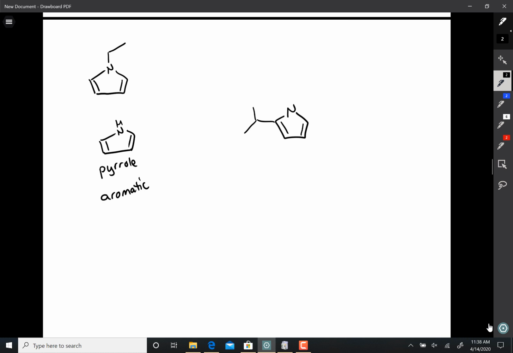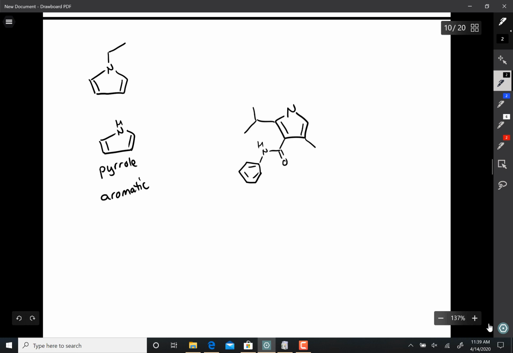And then this has a carbonyl, a nitrogen, phenyl group on it.